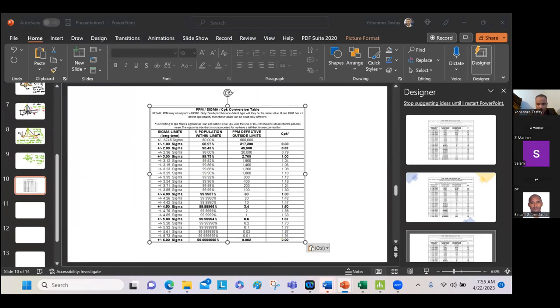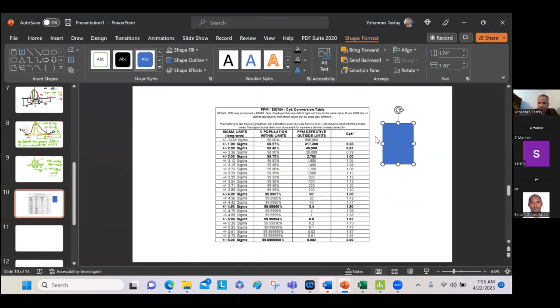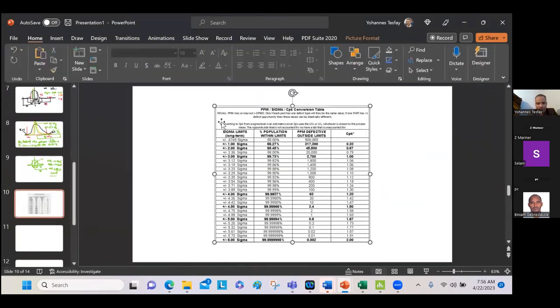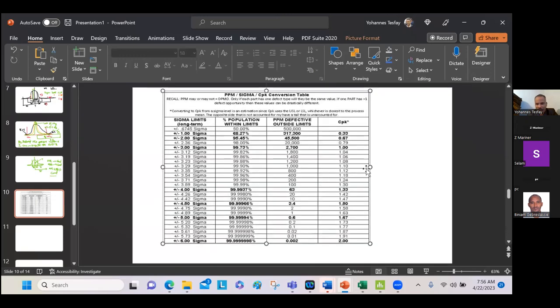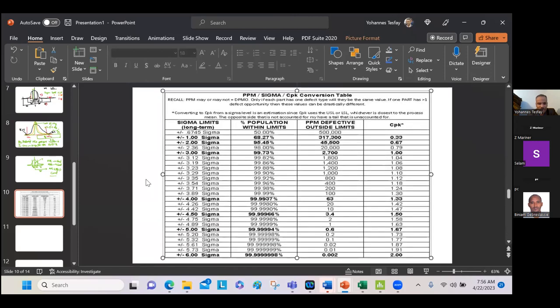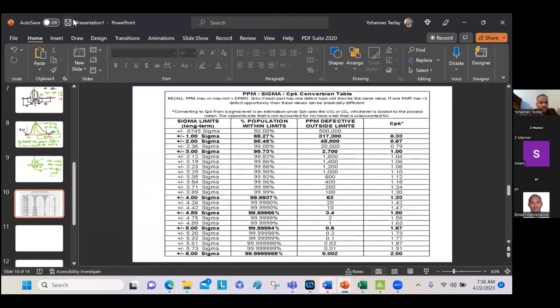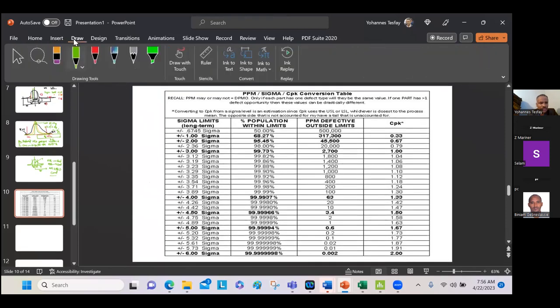So we already talk about the sigma level, isn't it? We already talk about that stuff, 3 sigma or whatever, just like this. So now insert or draw.